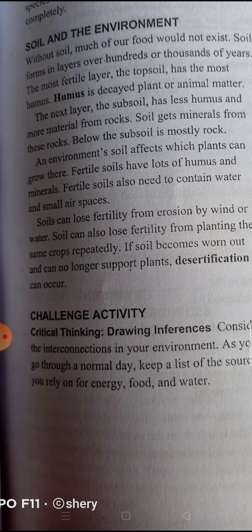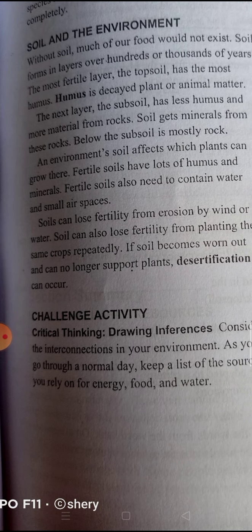So what are the features of fertile soils? Number one, lots of humus. Number two, lots of minerals. Number three, fertile soils also need to contain water. Number four, the last one, small air spaces. These are the features of fertile soils. Can we say them together?